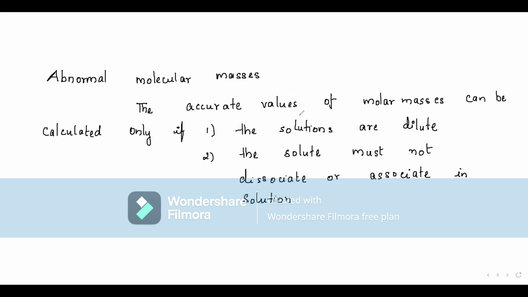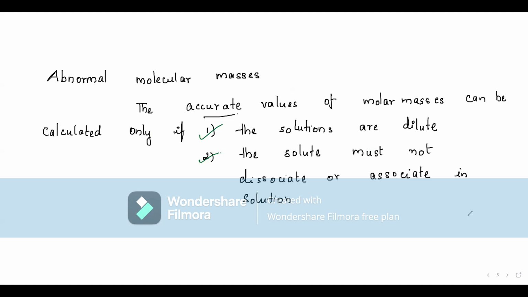But accurate values of molecular mass can be calculated only if the solution is dilute. Every single explanation started with this: for dilute solution. So colligative properties are applicable only for dilute solutions. Second, and the most important one, is that the solute must not associate or dissociate in solution. The solute must remain as it is in solution.